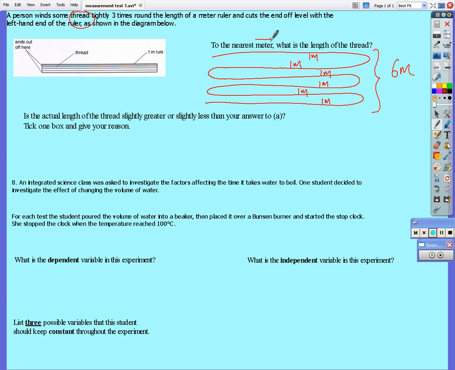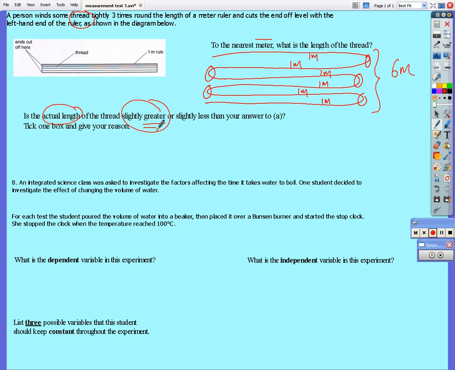Okay, now of course when we've measured that, we've not included, when measuring it, these little bits at the end here which we didn't include when we added up our length of 6 meters. So that means the actual length of the thread would be longer, it would be slightly greater.